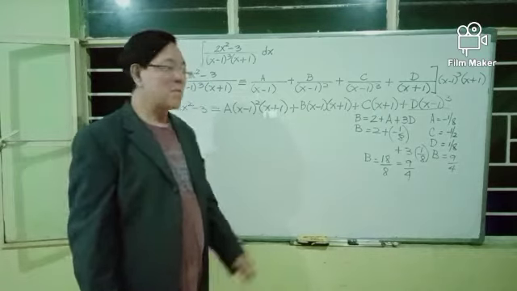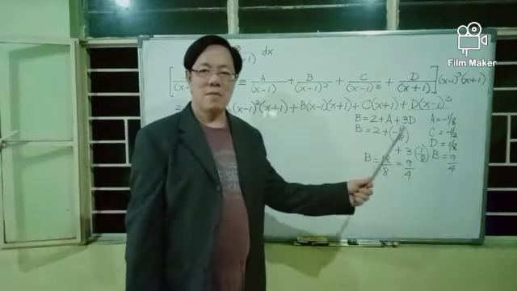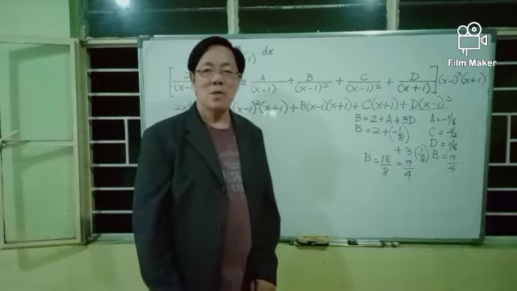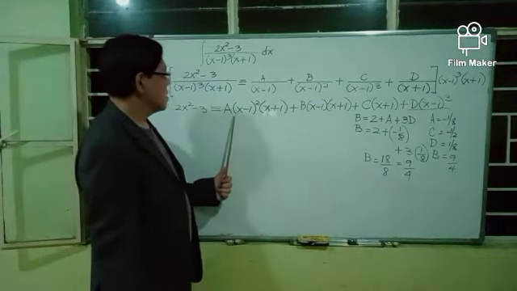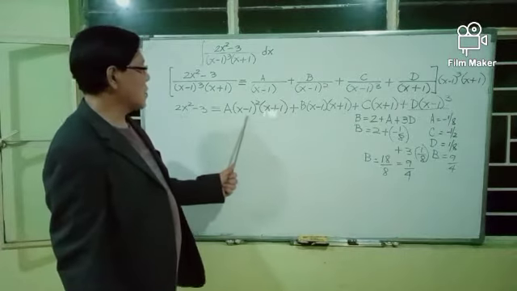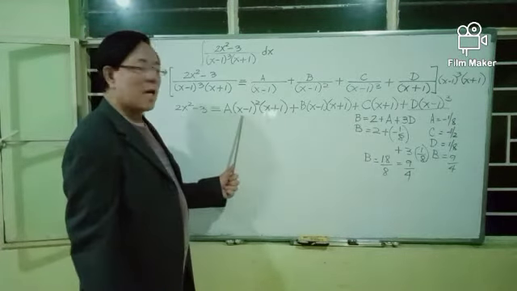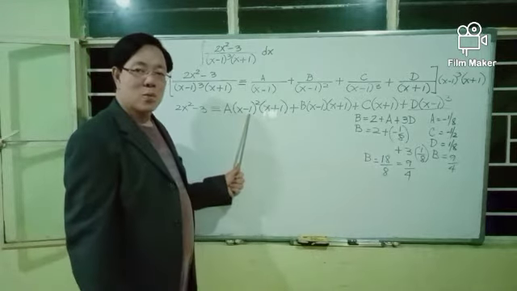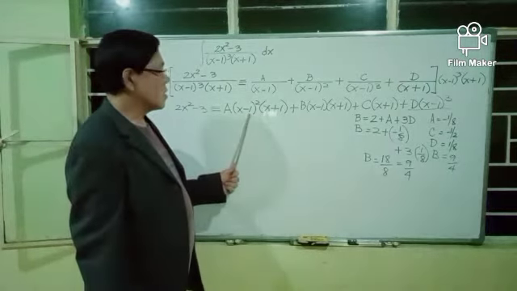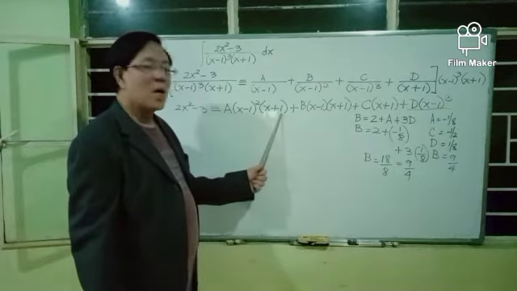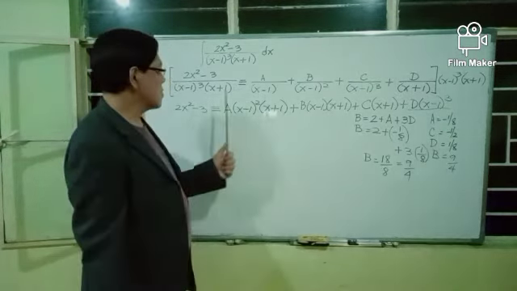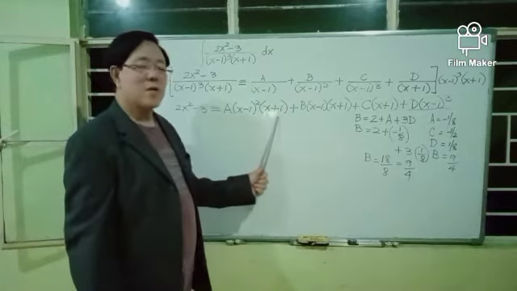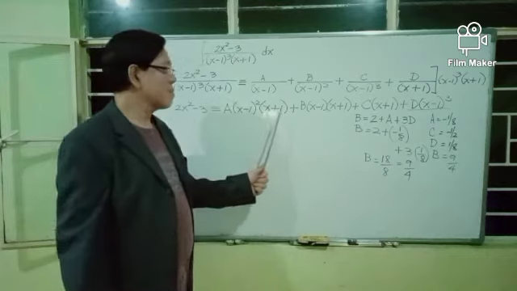Now we get an equation using the constant terms at the right hand side. We will get an equation containing b using the constant terms. In the first term, if you expand this, you will get x squared minus 2x plus 1. And the constant term is 1 multiplied by 1 and multiplied by a, you get a. Thus, the constant term for this term is a.